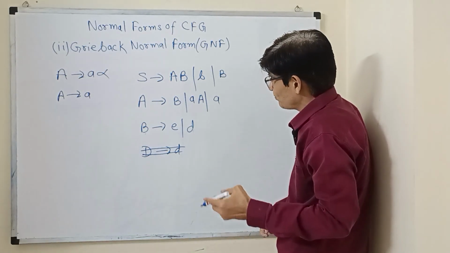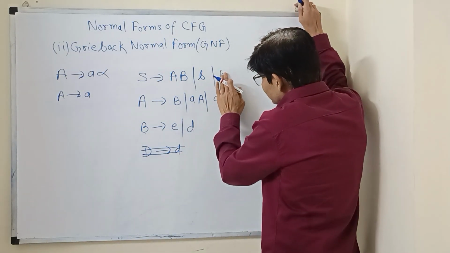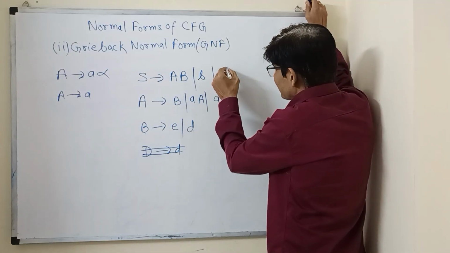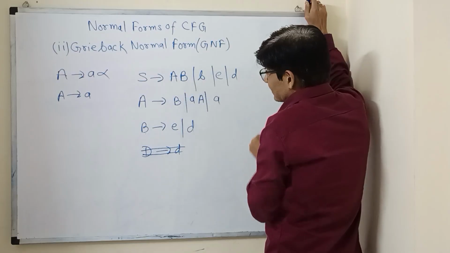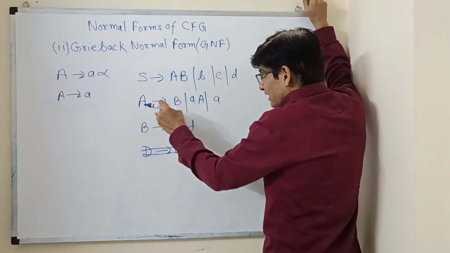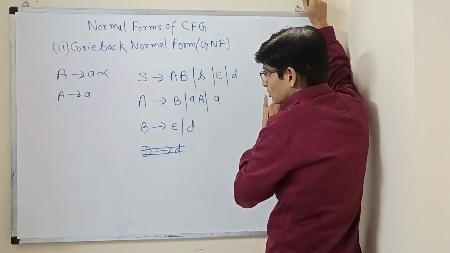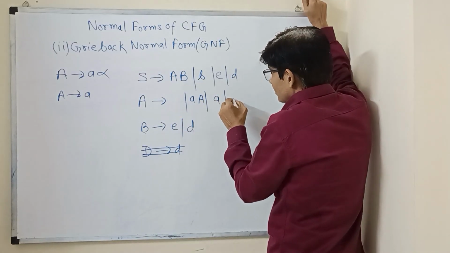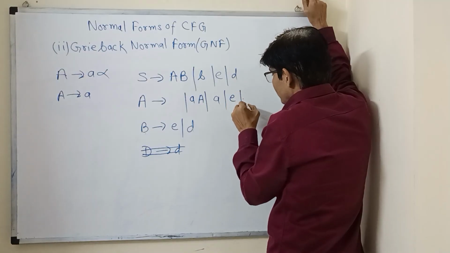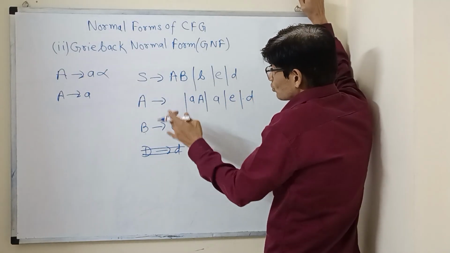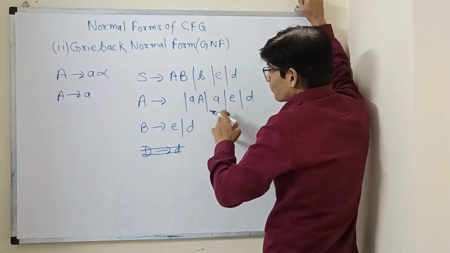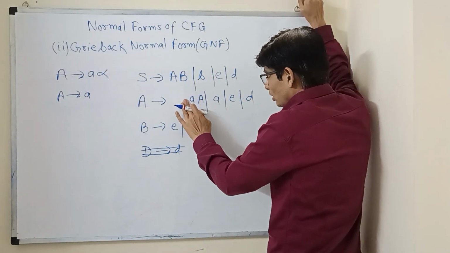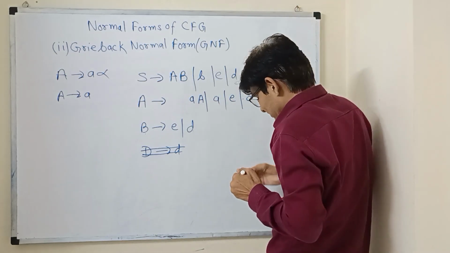So I can remove this, and in place of this I can directly generate E and D with S. Now here also with A we can generate all productions of B. I can write E and D. Now you can see, my friend, all unit productions are removed from this grammar.